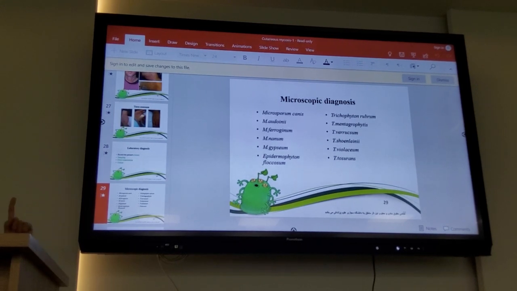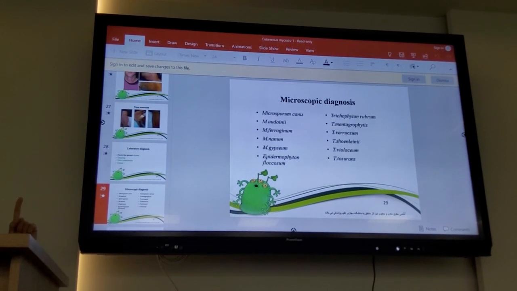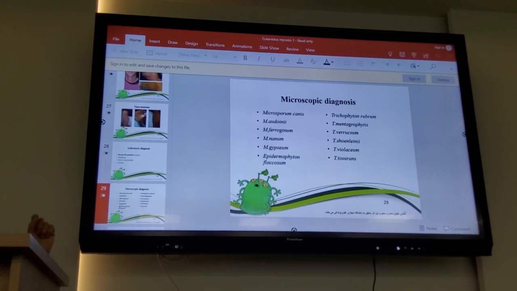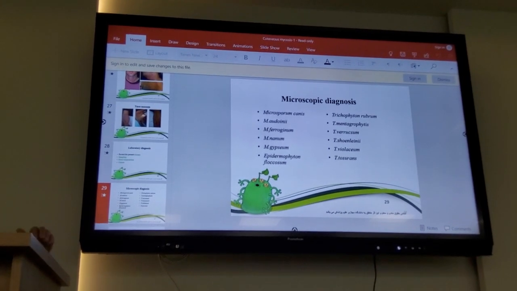Microsporum canis is one of the important dermatophytes now.